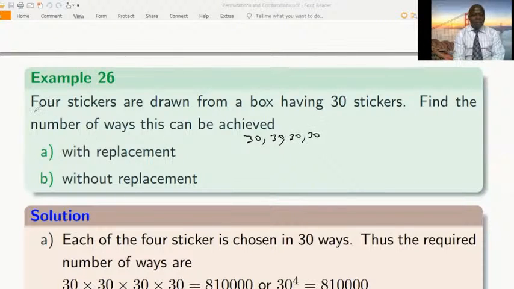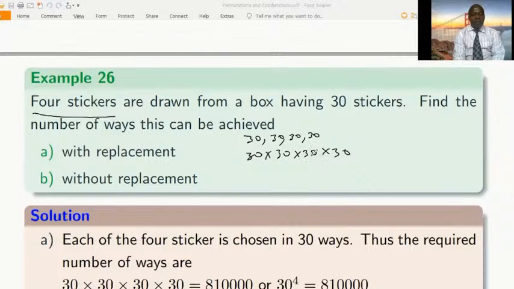The question is, find the number of ways 4 stickers can be drawn. So the first time there were 30 ways of getting 1 sticker.